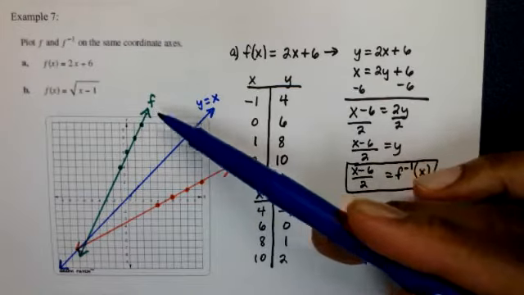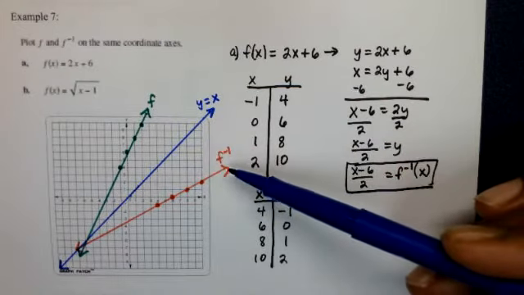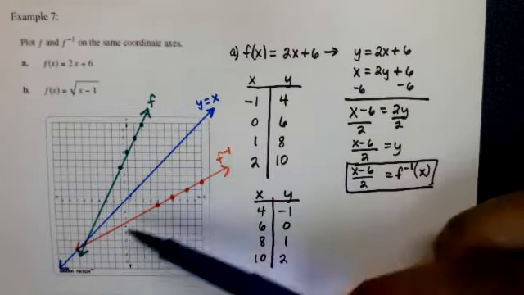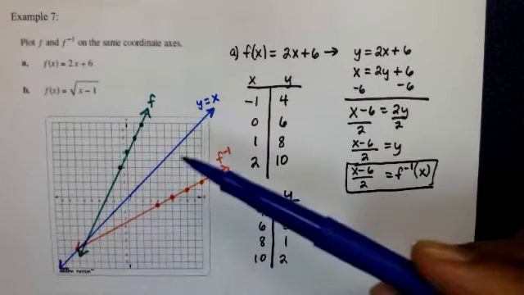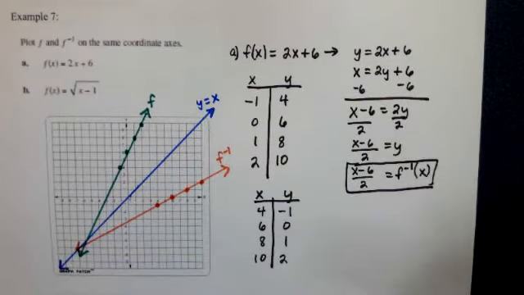Because the function itself and its inverse will be symmetric with respect to the graph of the line y is equal to x, okay? And that's always going to be the case for the function itself and its inverse.